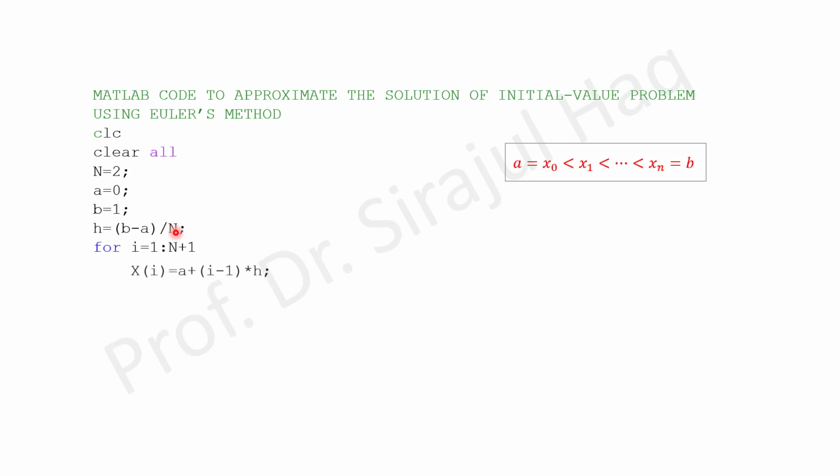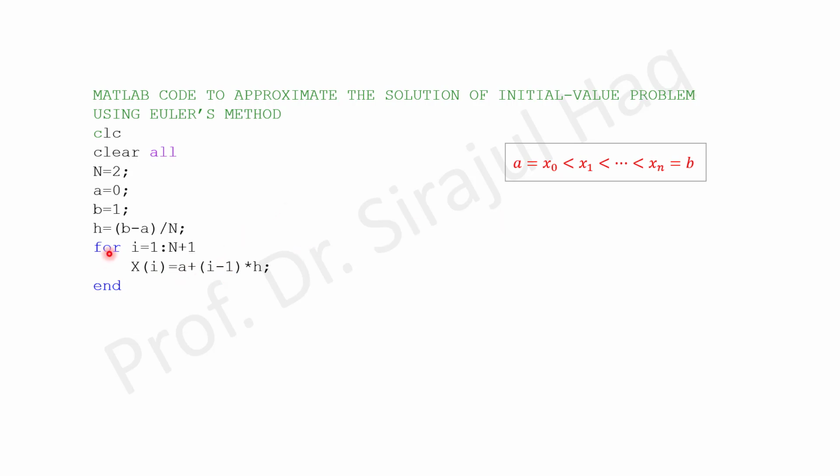Let us generate x i's. As usual, x i is equal to a plus i minus 1 into h. What this loop is doing for you: i is equal to 1, so it's a plus 0. So it gives you the initial point of your domain. When i is equal to 2, 2 minus 1 is 1, so a plus h is equal to x1. Similarly, when i is equal to 3, x3 is equal to a plus 2h, and that will give you the next term.